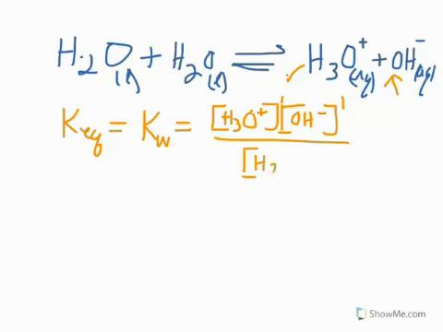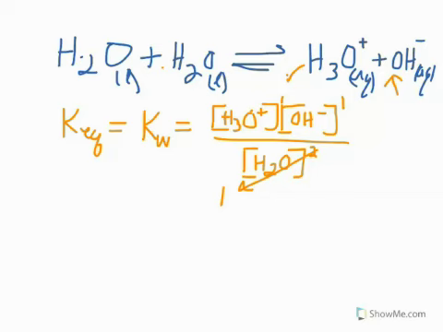This is not the real definition, but it's a freshman definition. If you take analytical, you'll learn the real definitions. And the H2O is squared because there's two of them. It's really 2 H2O reacts to give H3O plus and OH minus. But this is a pure liquid. So pure liquid has a concentration of 1.